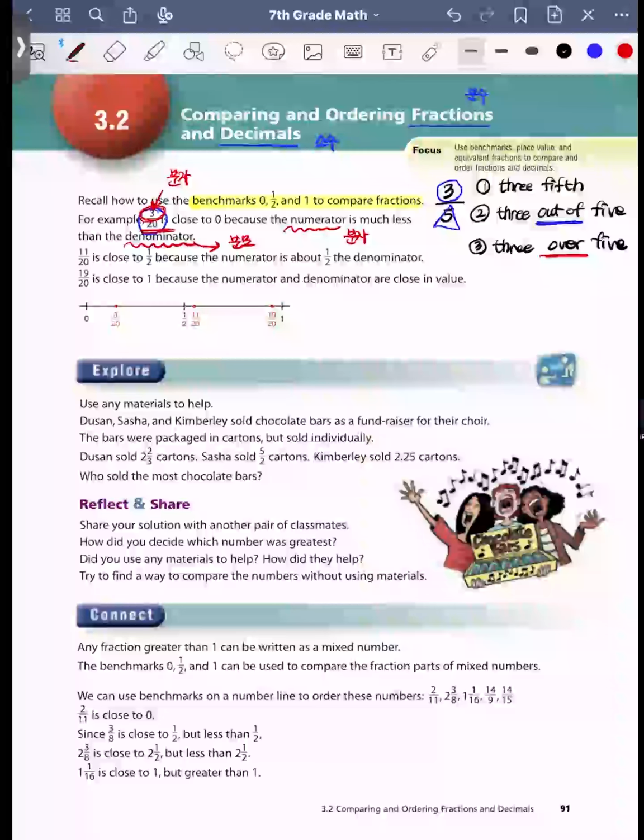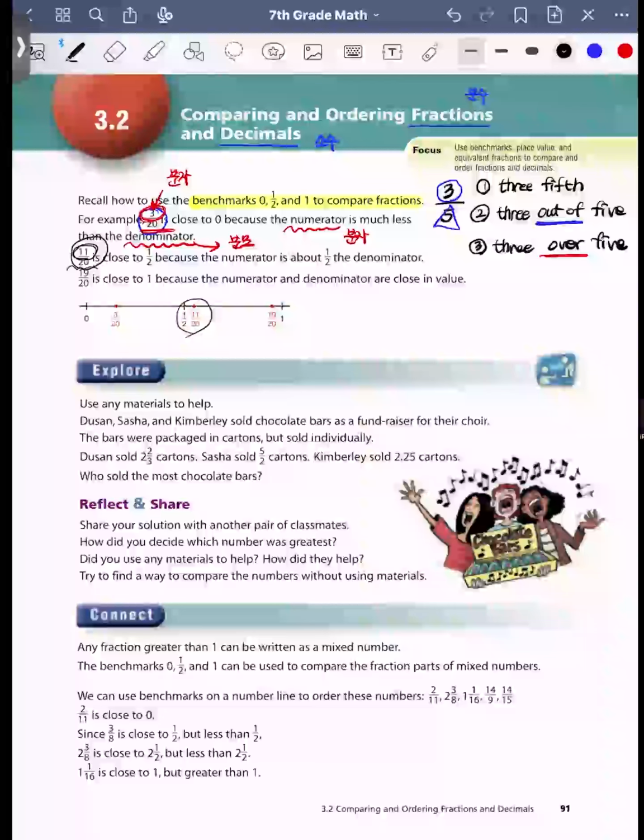But if we look at this number right here, 11/20, you can say that the numerator is about the same as half of the denominator, correct? So you can say that 11/20 is close to 1/2. All right?